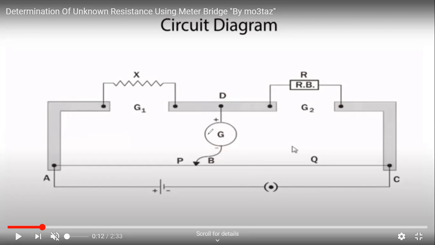A galvanometer and the sliding contact, also called a metal slider or jockey, are connected between points B and B. Now the wire forms the two variable resistances, P and Q. When the jockey is connected to point A, the galvanometer shows a momentary deflection on one side, and when the jockey is connected to point C, the galvanometer shows a momentary deflection on the opposite side.